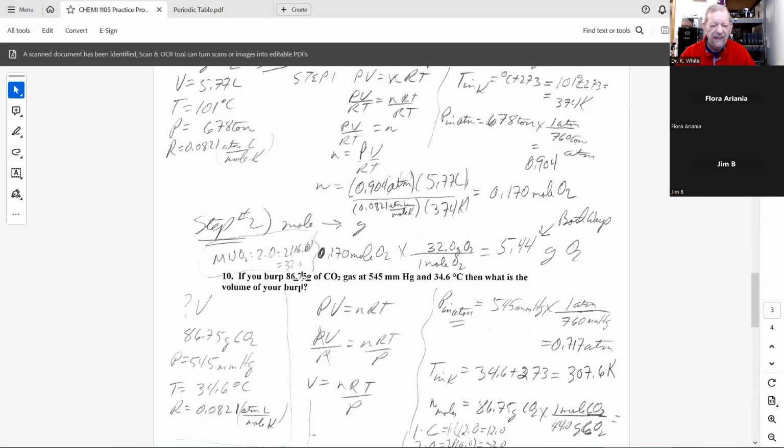And now oxygen 16.0, there are two of them, 32.0. 32.0 goes there, 1 goes there, moles cancel out, I'm left with grams, and that's how you do it.